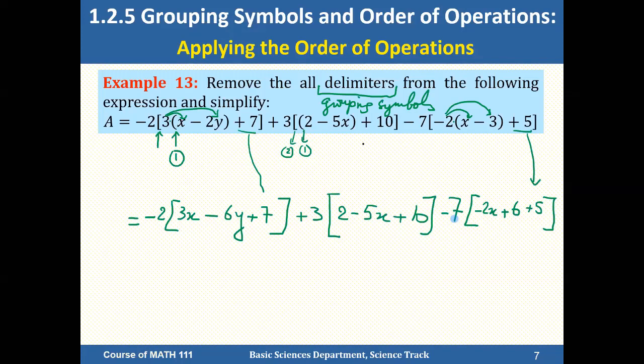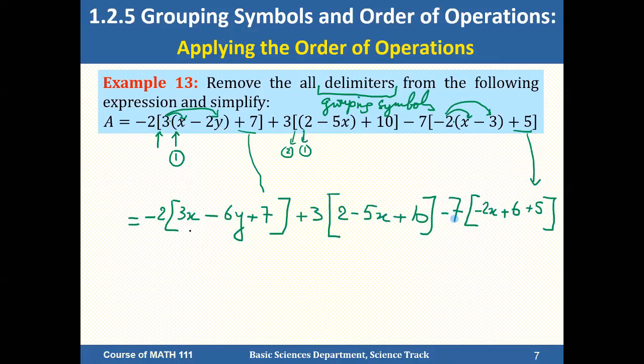We are done with the inner parentheses. What is the second step? We distribute what is outside the parenthesis. Here you have a choice: either you distribute to remove the second type of delimiters, or some people say first check whether you can simplify inside.